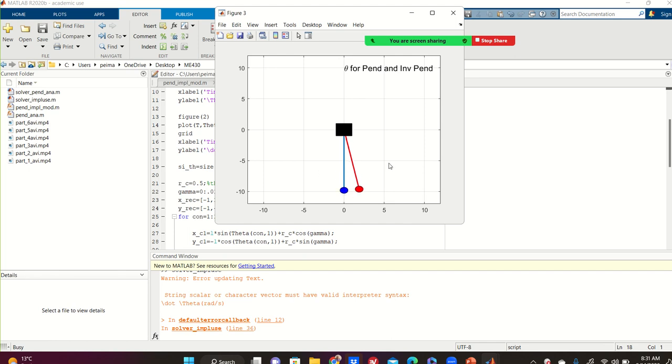Impulse that applied, and now it's gonna oscillate. See what I'm saying? Exactly that. Okay? Clear?